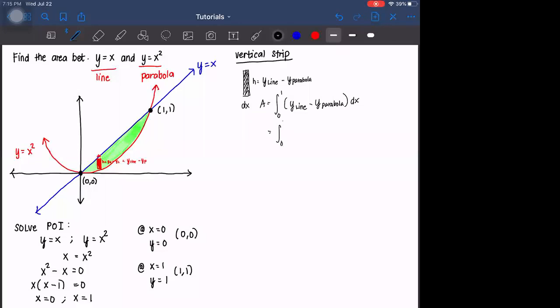And what is y of the line in terms of x? Look at the equation. Y is just equal to x. It's a line, so x. And what is y of the parabola in terms of x? It is x squared dx. So could you please solve for the area?